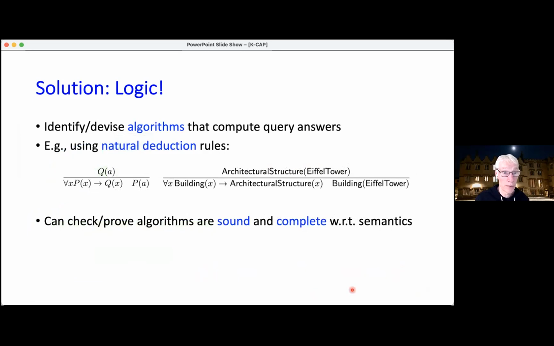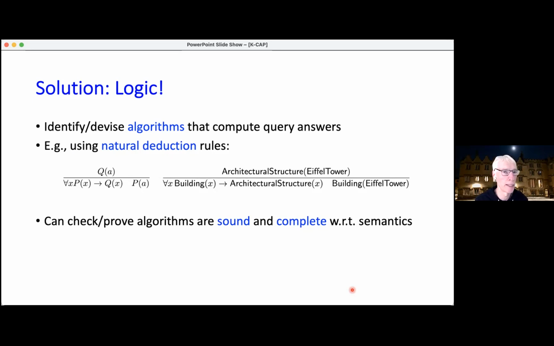Another thing about logic is that not only does it define the semantics, but we can go off and grab a textbook and come up with a number of algorithms that we can use computationally to do reasoning and to answer queries.